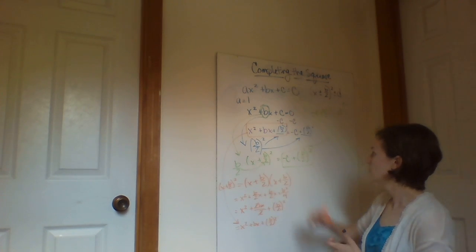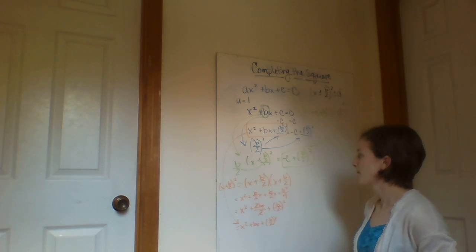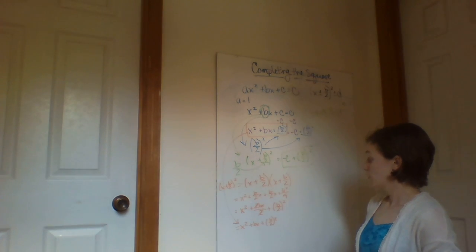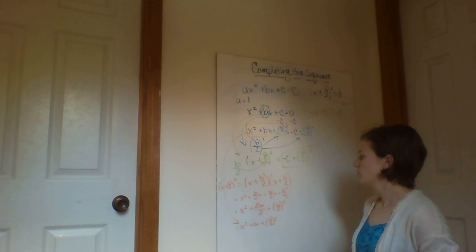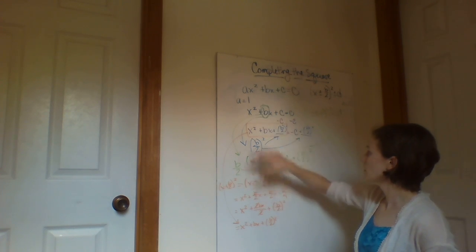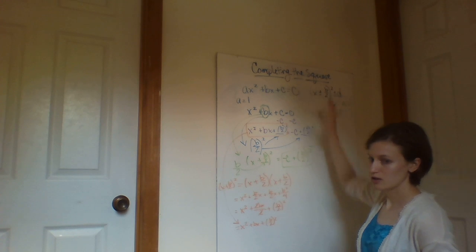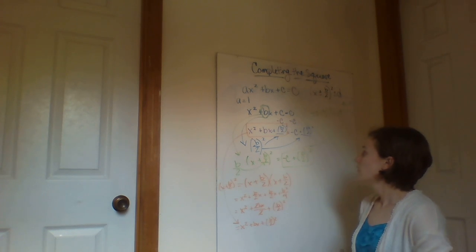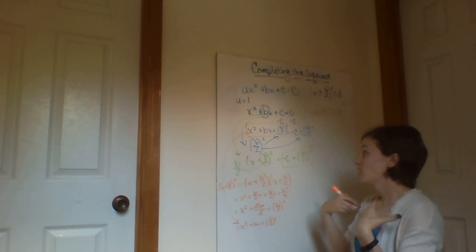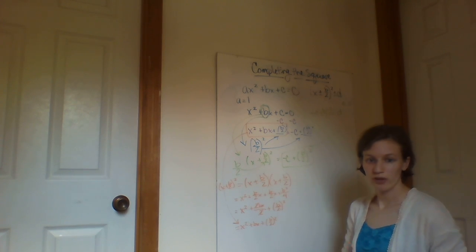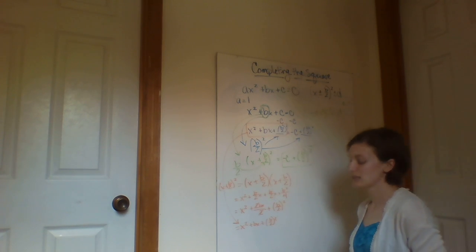So they all end up equaling each other. So that shows you how we got from here to here, which is the same thing as this. So I've shown that, and I've just shown it with arbitrary numbers. You can plug in anything for A, B, and C and get there.